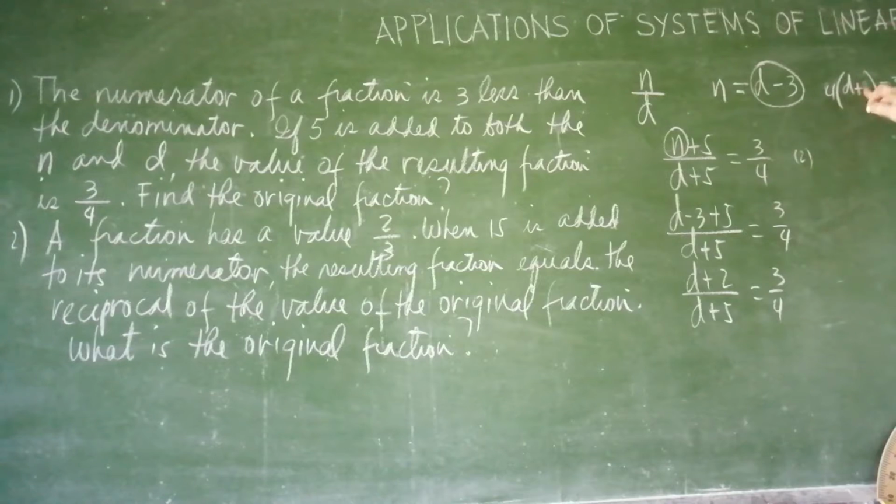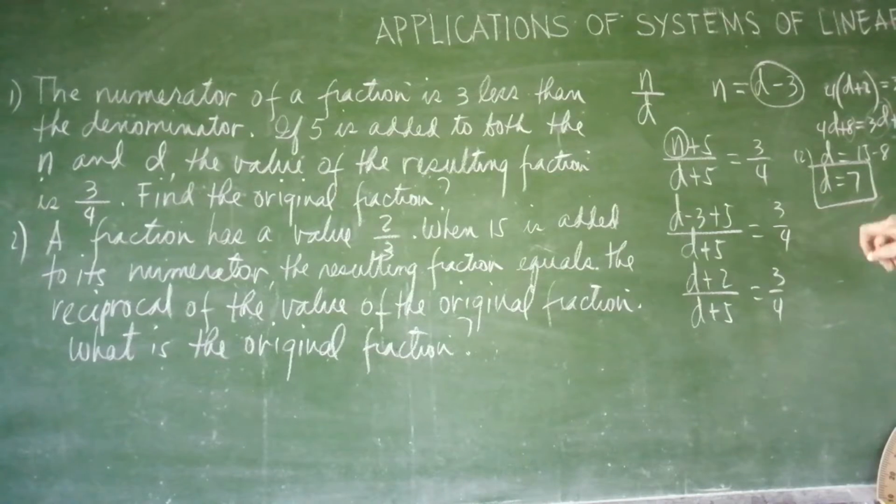Correction, this is 2. So that it will be 4d plus 8 equals 3d plus 15. So transposing 3d and transposing 8, it will be 4d minus 3d is d, and 15 minus 8. So d will be equal to 7.